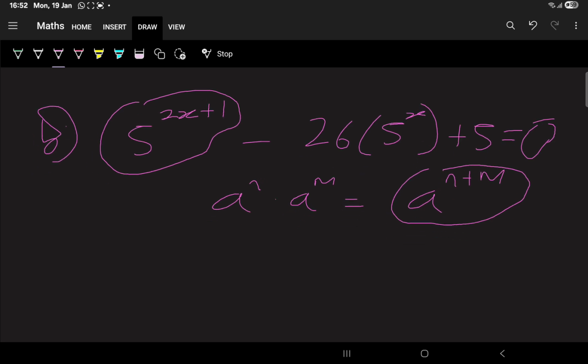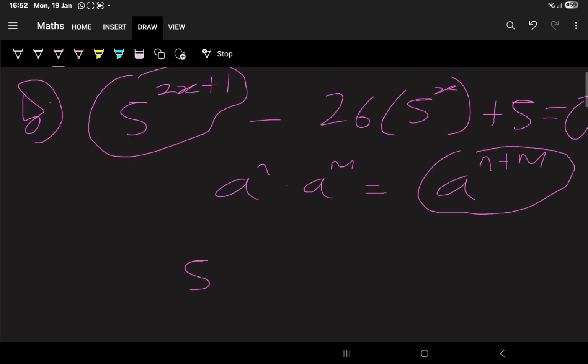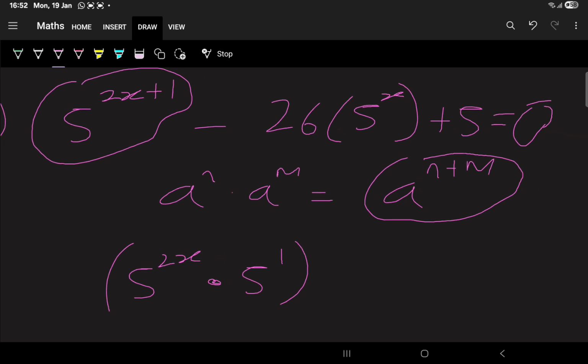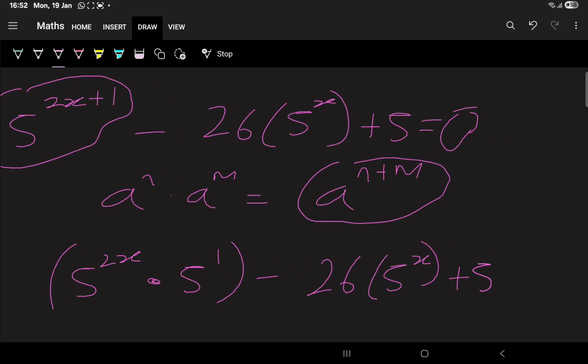Breaking this down, I have 5 to the power of 2x times 5 to the power of 1. I'm going to put this in a parenthesis. Minus 26 times 5 to the power of x plus 5 equals 0.